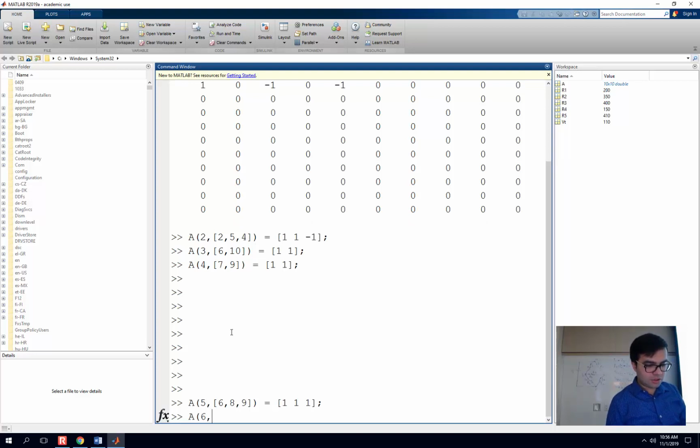The sixth row, now I got into VAB minus R1, I1. Sixth row is AB is 6, I1 is 1. So 6 comma 1 is 1 and negative R1.